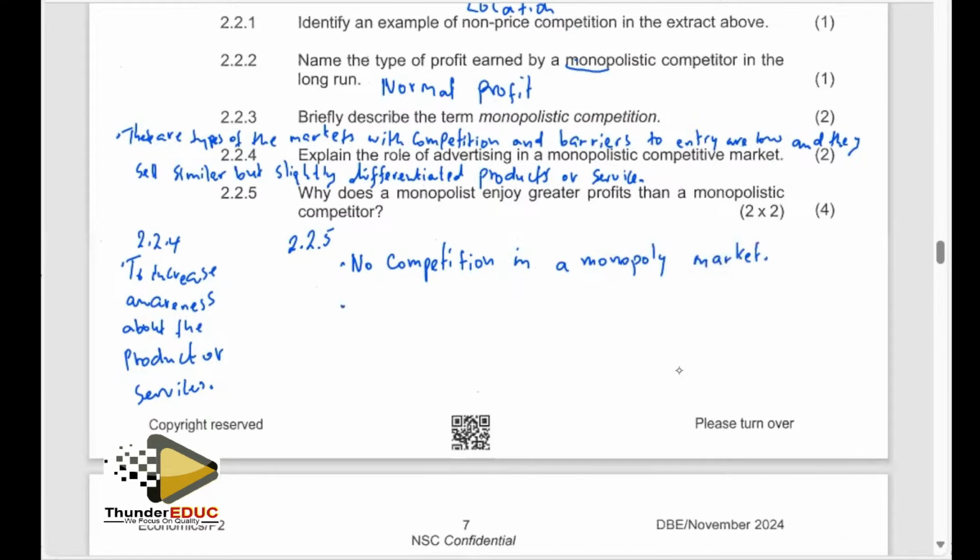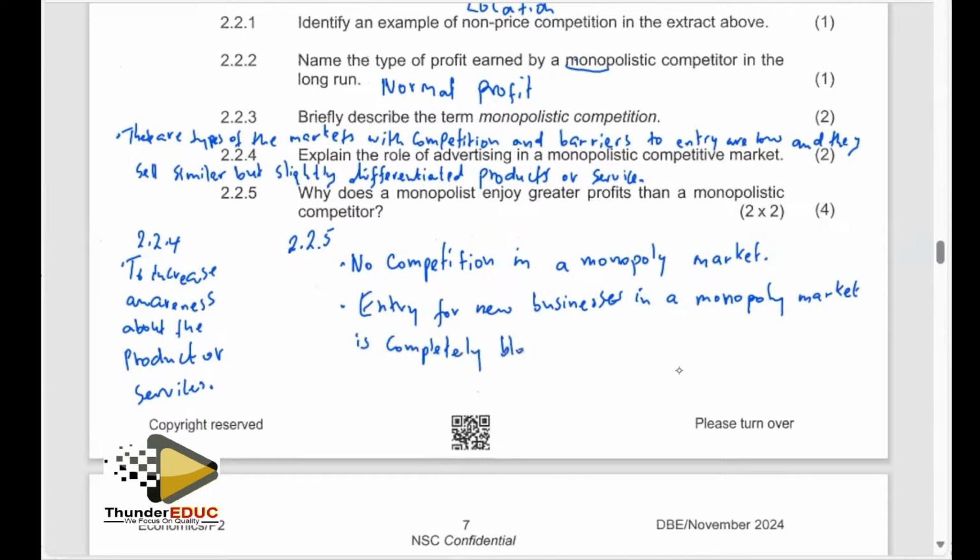Also, we are saying that entry for new businesses in a monopoly market is completely blocked.